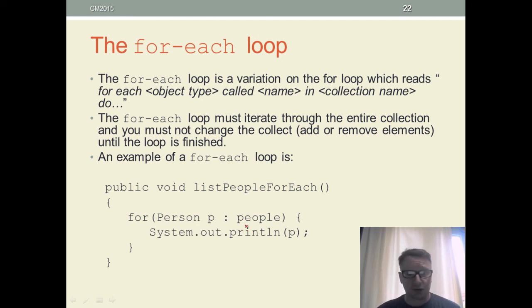For example, if we wanted to go through a collection called people, then we could use: for every person called p in people, print out p, the person. Here we're grabbing individual elements, and then we can do something with them within the loop. This will automatically change p to the next person in the collection as we iterate through. Very useful.